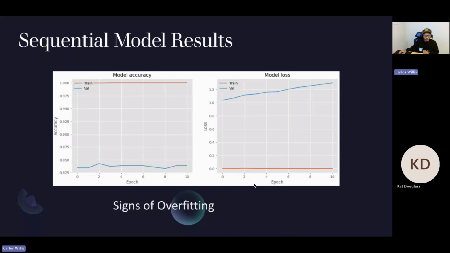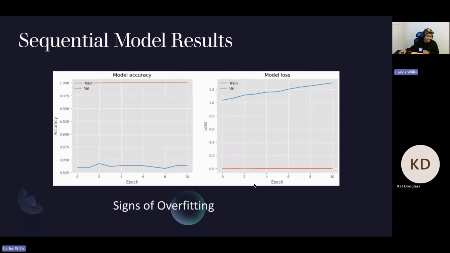After these adjustments were made, we noticed the accuracy was near 100%. However, the validation accuracy seems to stall at 82 to 83%, and the best generalization occurred at the first epoch. So we can conclude once again that the model was still overfitting.